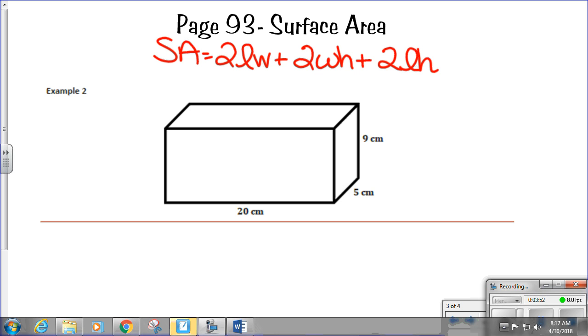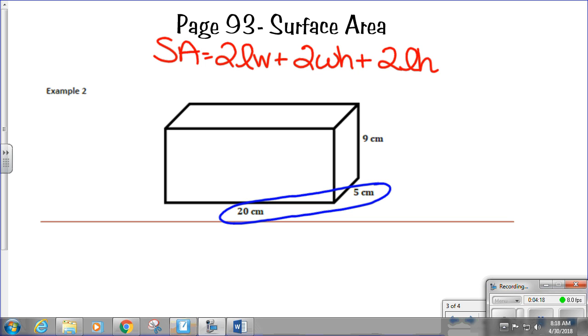Surface area equals 2 times the length times W plus 2 times the width times height plus 2 times the length times height. You won't need to write that out. I'm going to show you a shortcut. We are going to be circling some numbers, multiplying them, and doubling the answer.